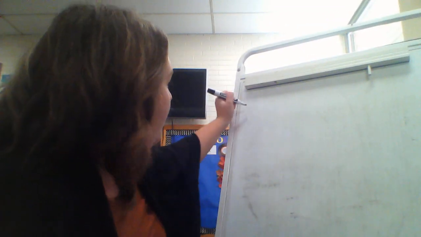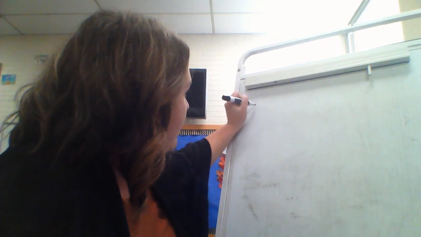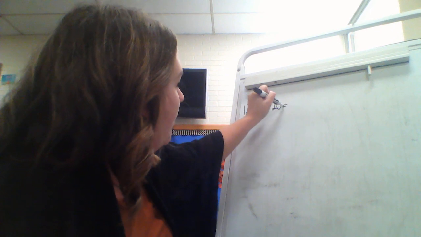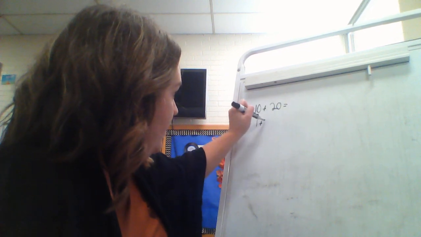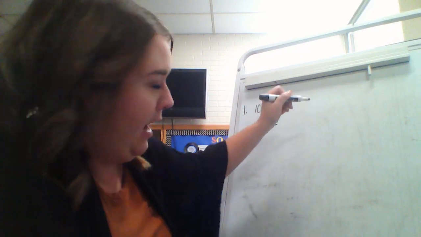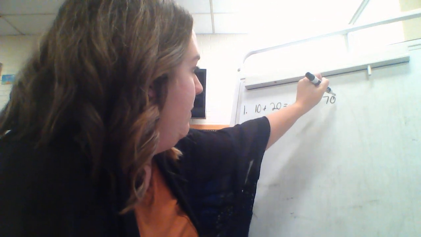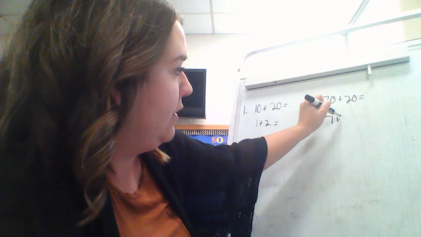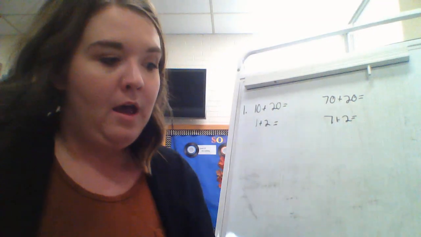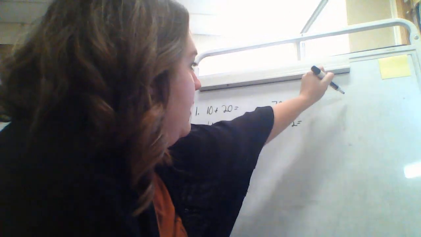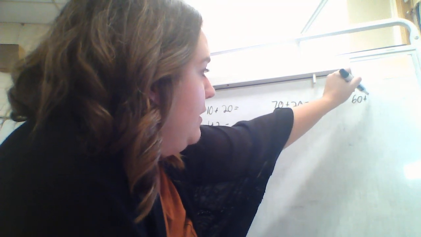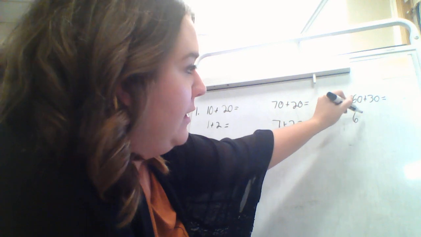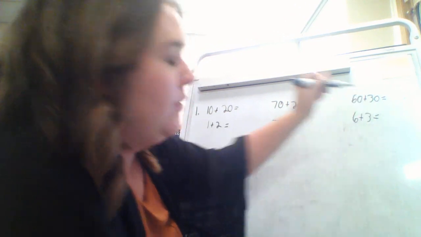So it says number 1 has 10 plus 20 equals, and then underneath it has 1 plus 2 equals, and then it has 70 plus 20 equals, and underneath it has 7 plus 2 equals, and then it has 60 plus 30 equals, I'm running out of arm, and underneath it has 6 plus 3 equals.